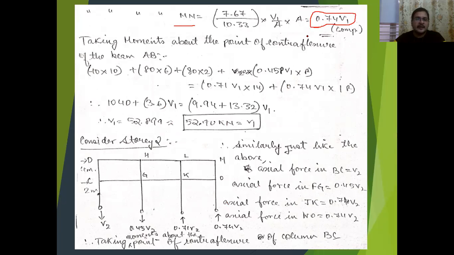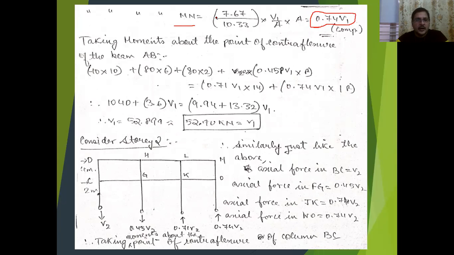That means all the axial forces in all the columns are represented as a proportion of V1. Why am I representing this as V1? So that V1 will be the one unknown.